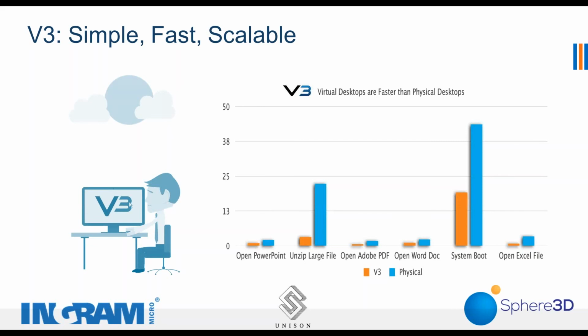But when it takes less than a second to open PowerPoint, it seems almost instant, and almost instant translates into anything else seems slow. Unzipping files, opening PDFs and Words, everything is faster on the virtual desktop when you do it the right way, as we're talking about, and you can scale it appropriately. Being faster is better, and once you experience performance, you don't want to go the other way.